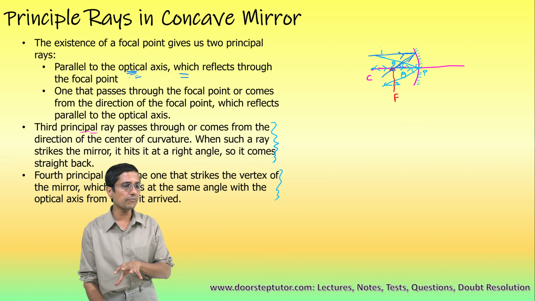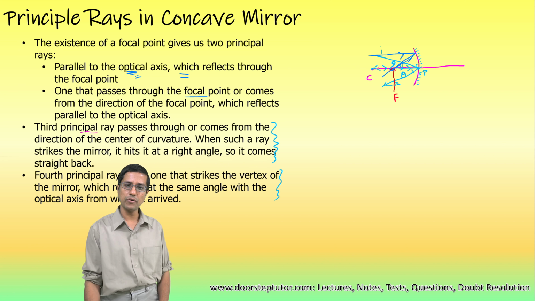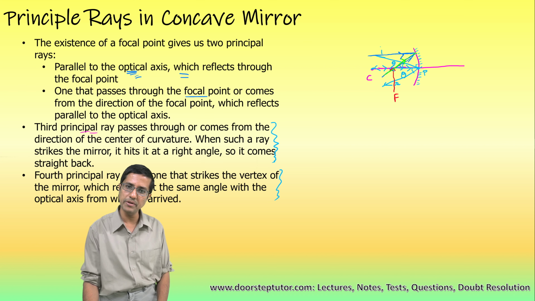Now the last of the four rays is that if I were to pass a ray through the focal point, so now I am going the other way around, like this. If I pass a ray in this direction from the focus, then it will hit the mirror, get reflected, and go parallel to the principal axis.